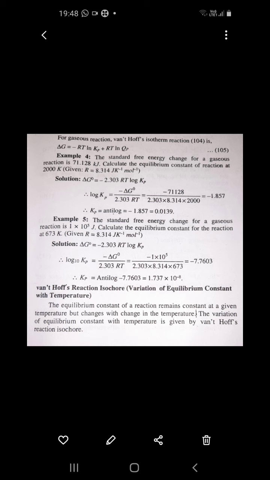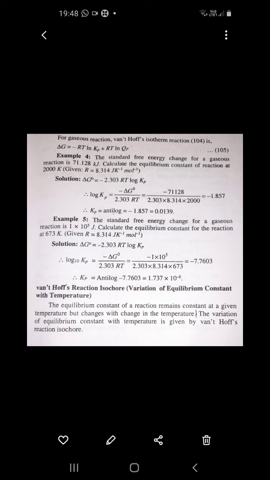You just substitute the values of the given data, that is delta G0 and RT: minus 1 into 10 raised to 5 upon 2.303 into 8.314 into 673, which is minus 7.7603. Now again this is the value of log Kp, so convert log Kp into Kp.